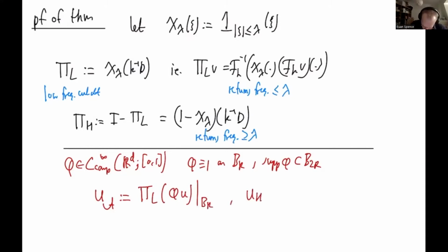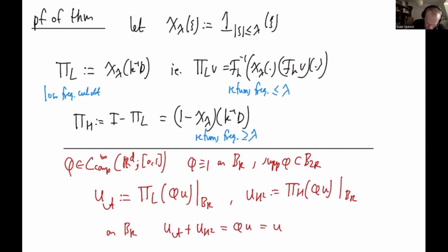And UH2 is going to be the high frequency cutoff applied to phi U, again restricted to the ball of radius r. Okay, so we have that on the ball of radius r, UA plus UH2 equals phi U, which equals U because of this support property here.